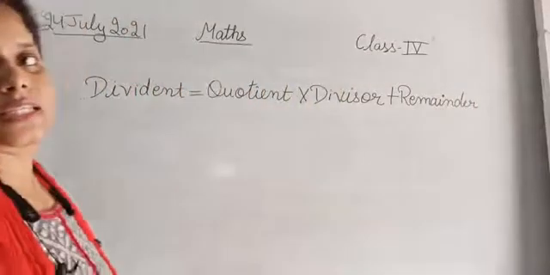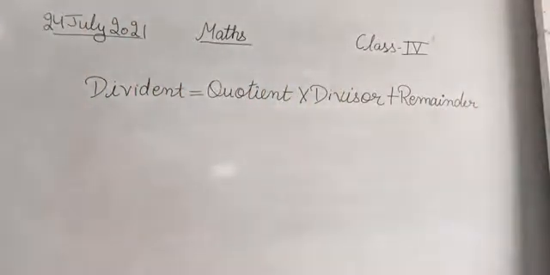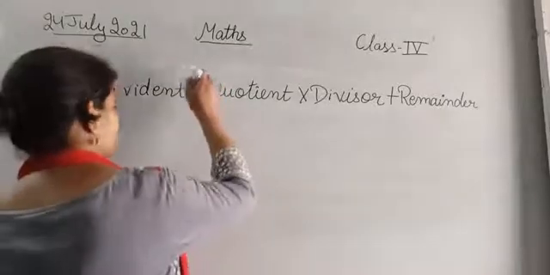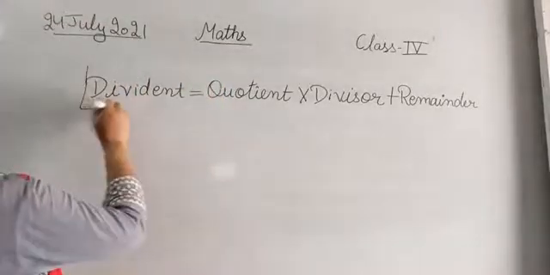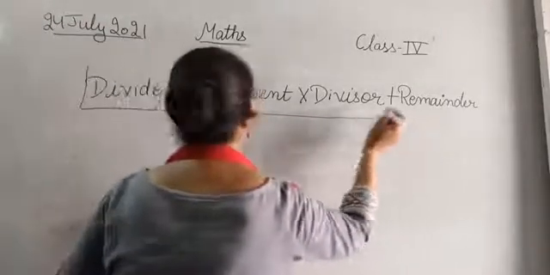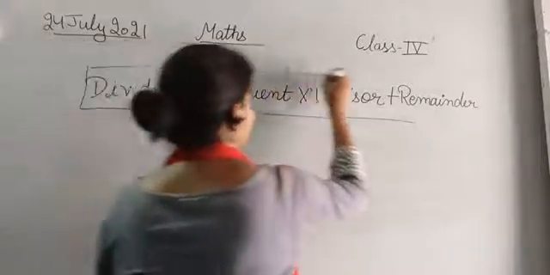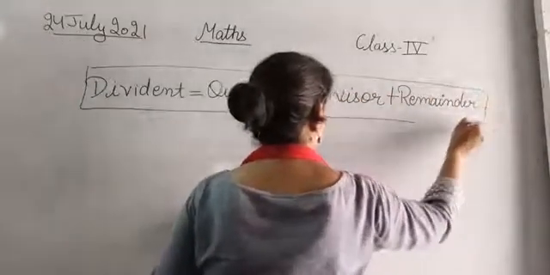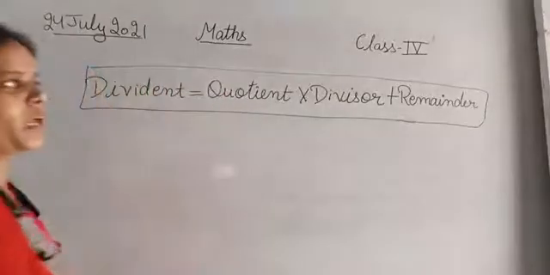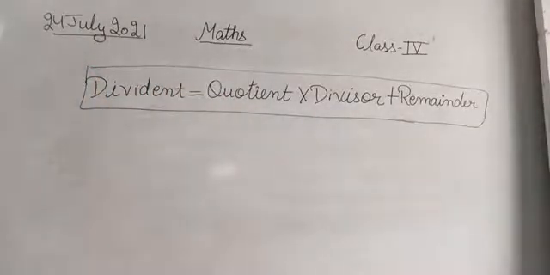This is the formula through which all these four terms are related. Dividend is equal to quotient, the answer we got after division, multiply the divisor, the number by which we divide, plus remainder, the leftover number after division.